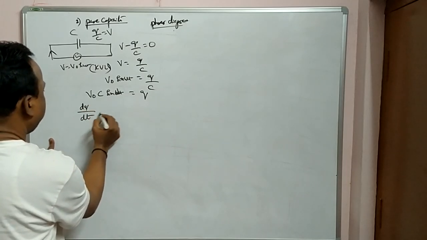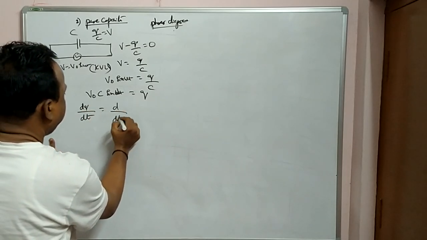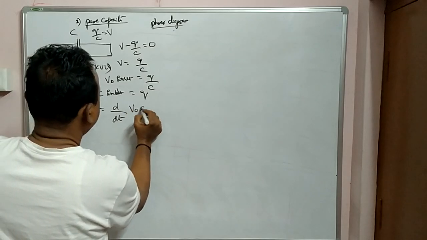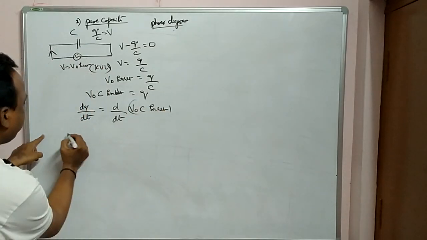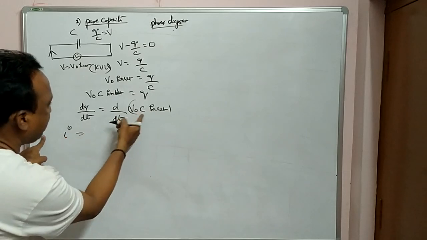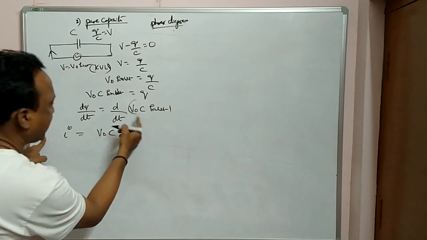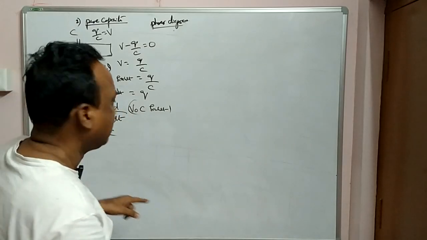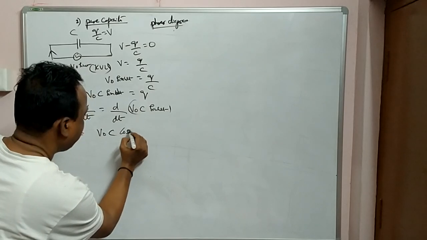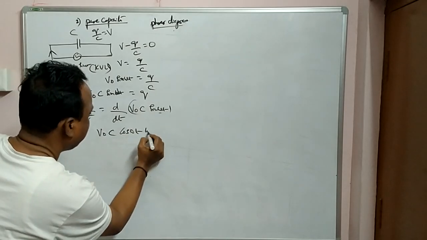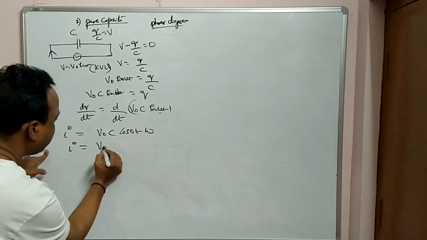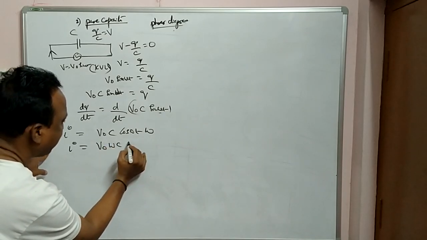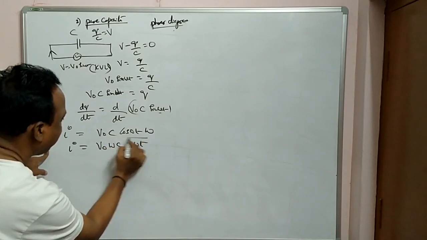So dQ by dt is equal to d by dt of this function V0 C sin omega t. dQ by dt means current I, derivative of sin x is cos x. So cos omega t into omega. So what is the final value of current? I is equal to V0 omega C cos omega t.